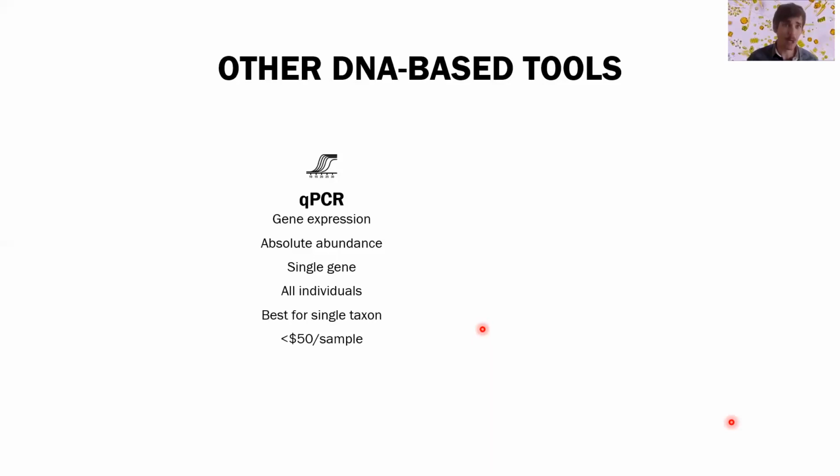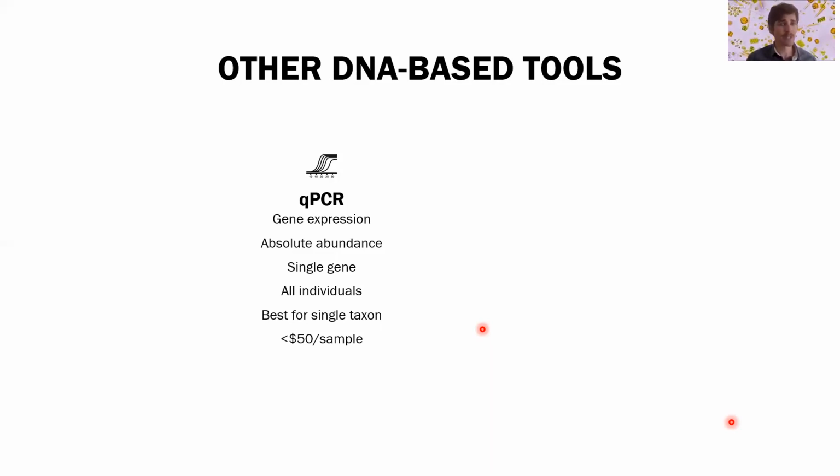I talked about metabarcoding throughout this talk, but I want to mention two other DNA-based tools that could be useful in assessments very briefly. The first is qPCR, or quantitative PCR, in which we measure gene expression of a single taxon-specific gene to get the absolute abundance of that gene in a sample.